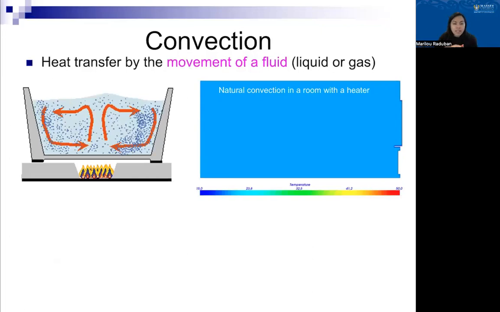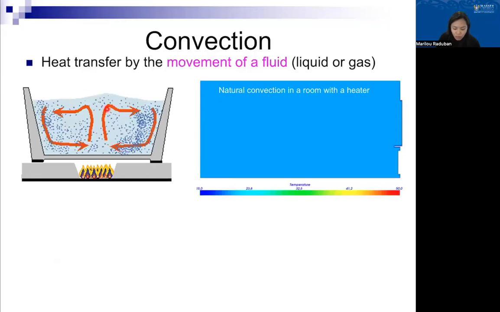When you mix two liquids together, they are in direct contact, so you have some form of conduction. But convection happens mostly in liquids or gases, because in convection, the material needs to move in order for heat to be transferred from one point to another.